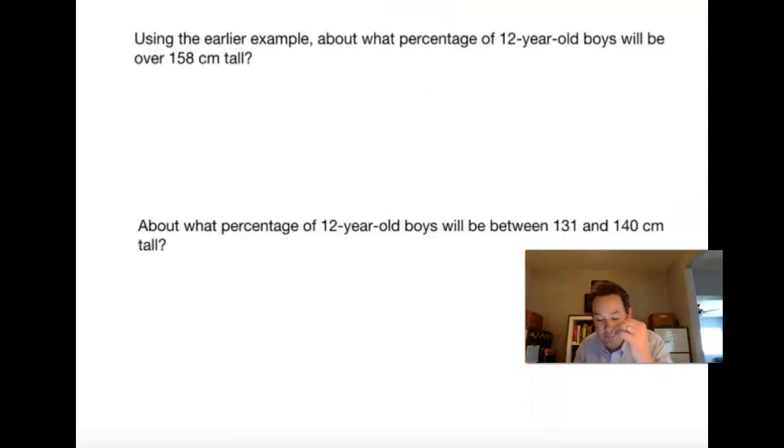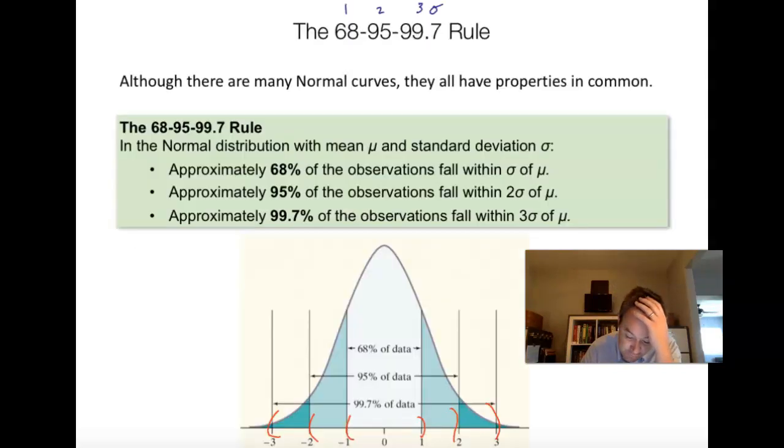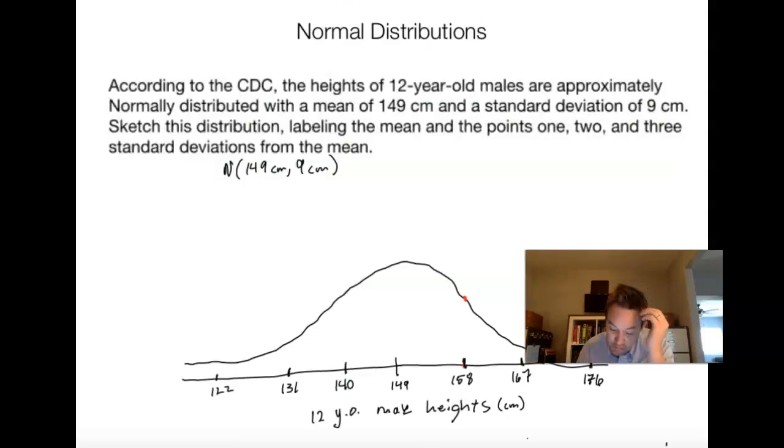Using the earlier example, what percentage of 12-year-old boys will be over 158 centimeters tall? There's 158 centimeters, right? I want to know what percentage of them are over 158. So this area represents the percent that are over 158.